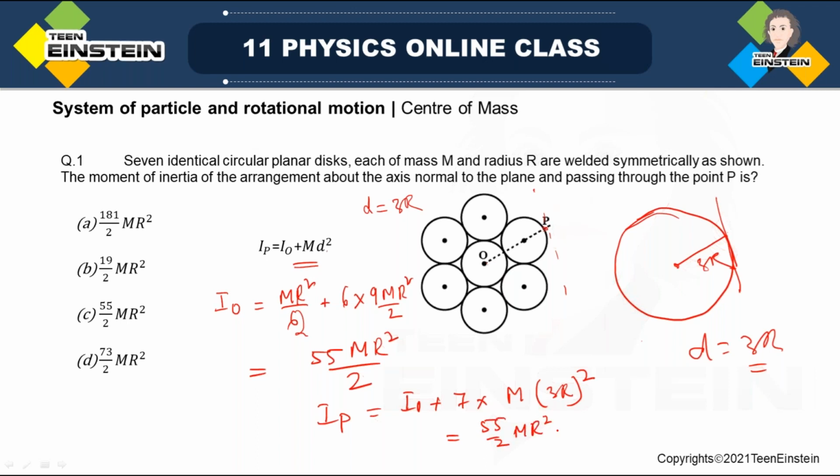So this is 5 by 2 m r square plus 63 m r square. This will give you 5 plus 6, and this is 181 by 2 m r square if we add them up.